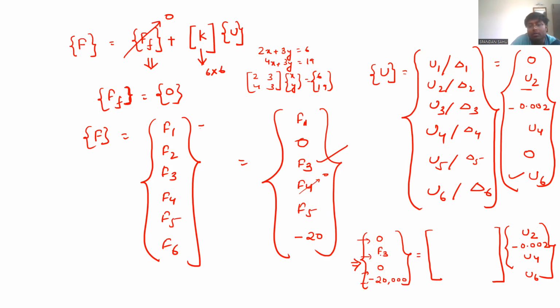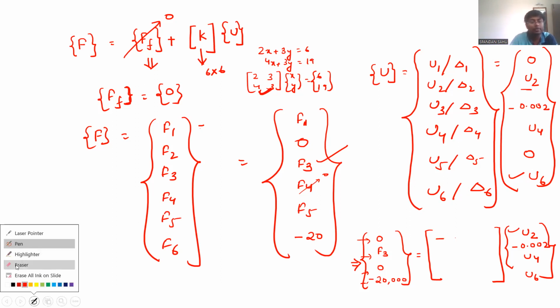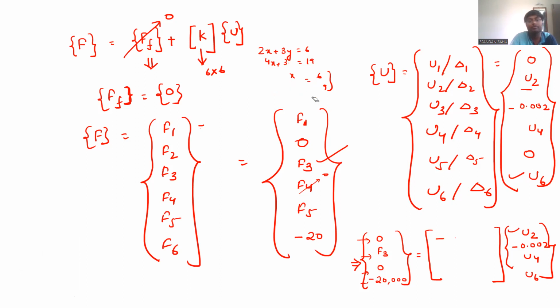So corresponding to that, we have to write these coefficients only. Means we have to again extract from the global stiffness matrix the coefficients related to these equations, like something multiplied by U2, something by U3, something by U4, something by U6 will be equal to 0. So you have to extract those 4 components.